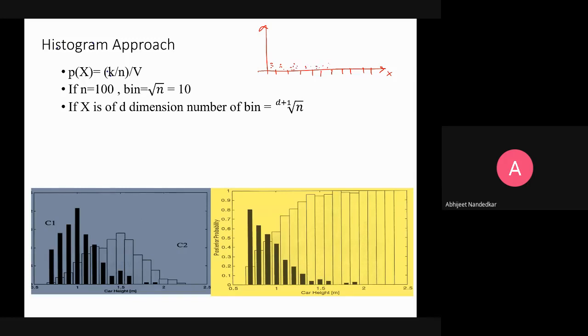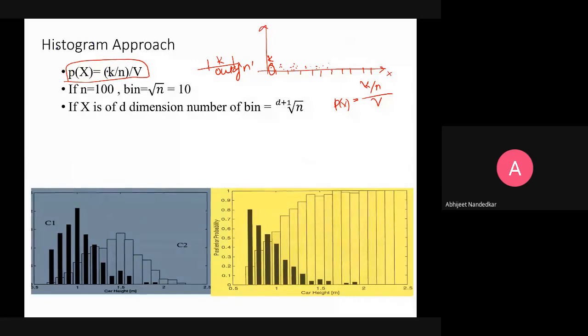So this estimation can be: probability of x equals k by n, where k is the number of samples falling in a bin. If this is a bin, then k samples are falling in that, out of n, the total number of samples, divided by v, the volume, so that it becomes a density. So k by n by v will be my probability density estimation.